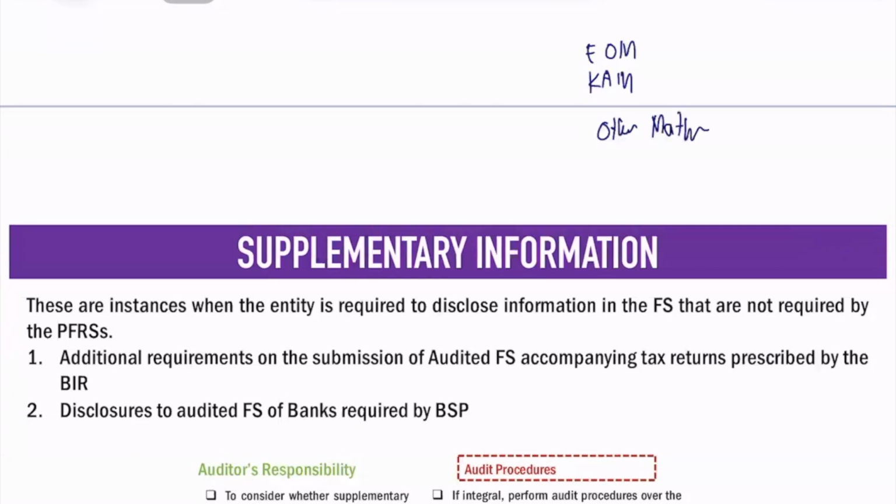Normally that is how it is placed in your audit report. You should know when you will place emphasis of matter, key audit matter, and other matter. Do not forget the circumstances wherein we can provide those paragraphs.